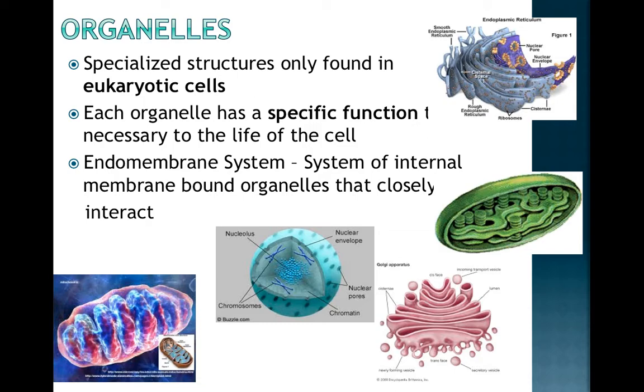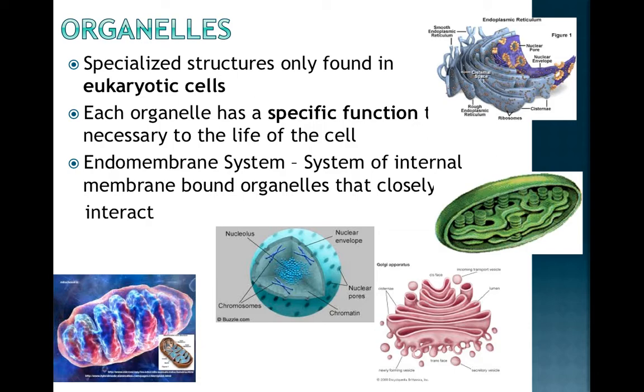All right, so you don't have to write this down, but we're going to first talk about the organelles of what we call the endomembrane system, which is a system of internal membrane-bound organelles that closely interact. So I want you to try to think of your cells kind of like a factory. They are constantly producing things.